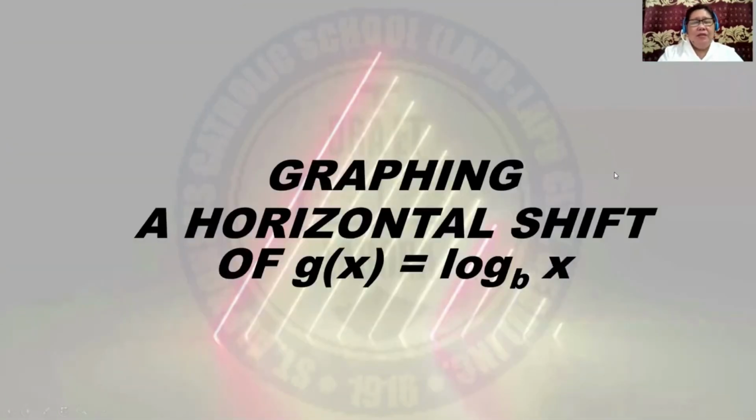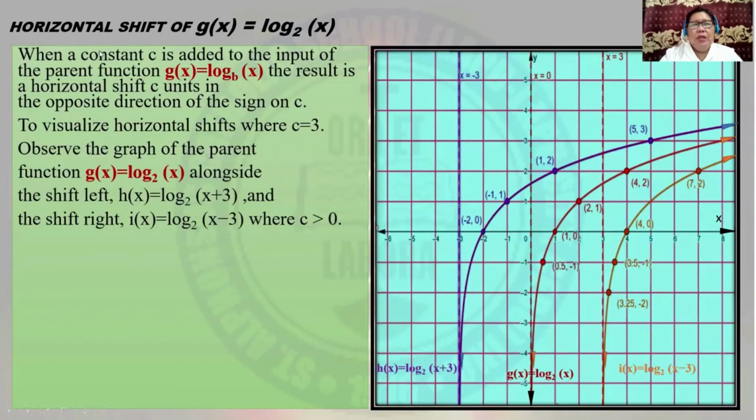Let us have now graphing a horizontal shift of g of x is equal to log of x to the base b. When a constant c is added to the input of the parent function, which is g of x is equal to log x to the base b, the result is a horizontal shift c units in the opposite direction of the sign on c.